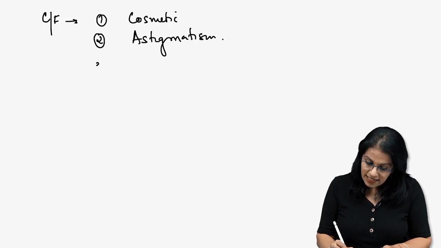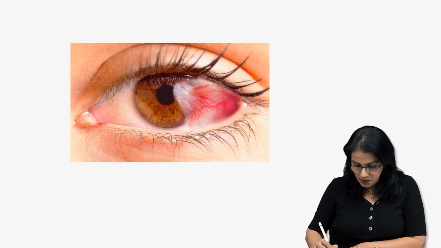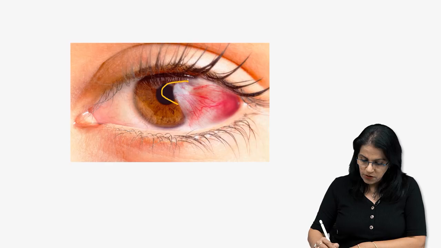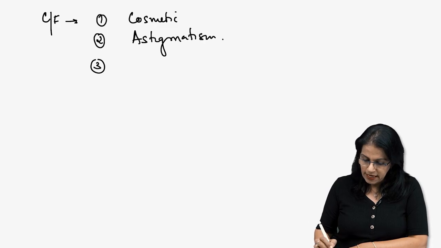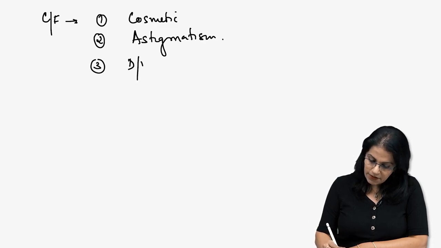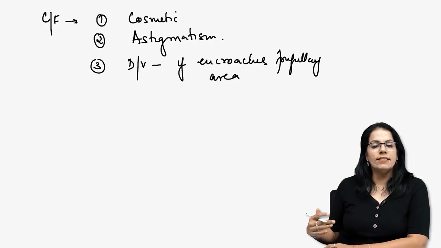And third, as you can see here, if the pterygium grows further into the pupillary area, it is going to lead to diminution of vision. So next we learn: diminution of vision if it encroaches the pupillary area. That is the clinical feature.